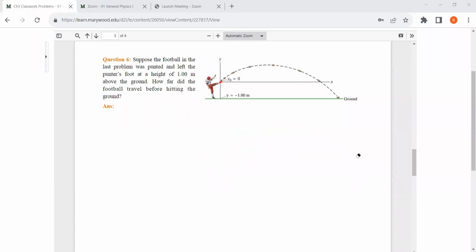This player kicked the ball from this position, and similar to the last problem, v0 is 20 meters per second, and the angle is again 37 degrees. This means v0x is 15.8 meters per second, which we calculated in the last problem, and v0y is 12 meters per second.